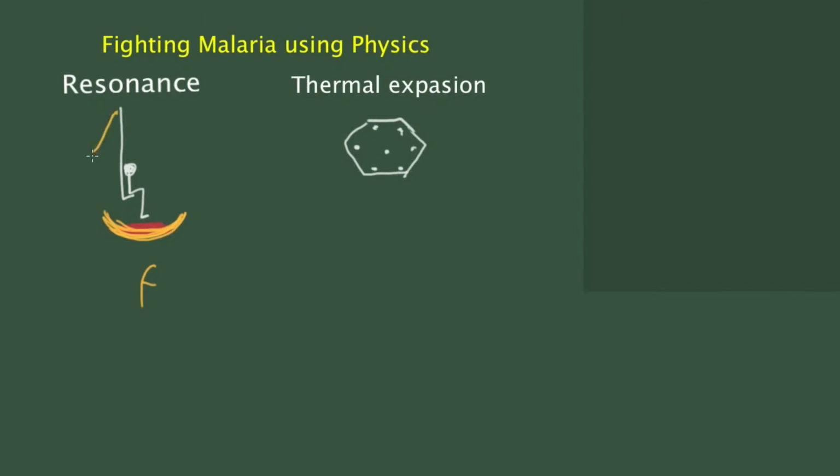And the more you do it, the higher the amplitude you get. So you will reach a point where you're moving your feet forward and back, synchronized with the natural frequency of the pendulum, which in this case is the swing. And you will start gaining more and more amplitude.